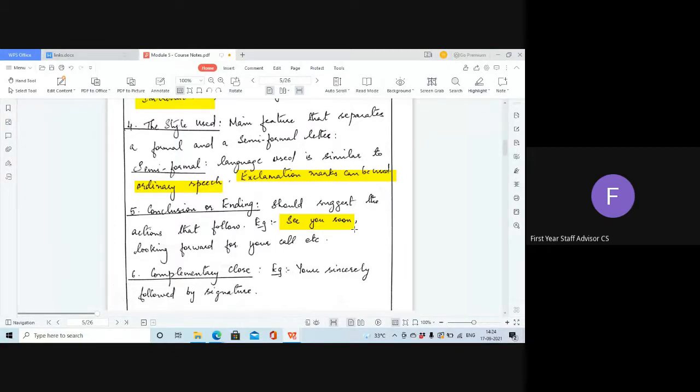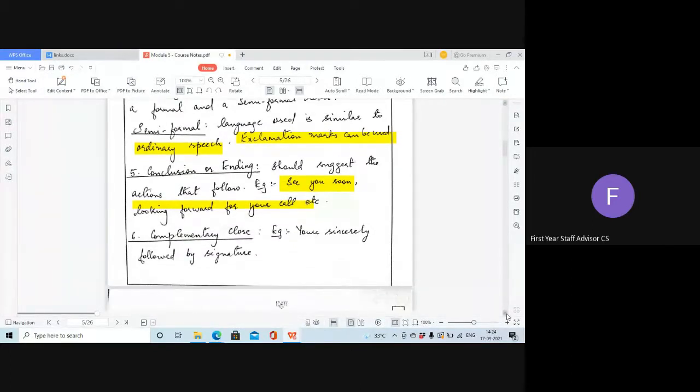If it is an informal or semi-formal letter, you can end with "See you soon" or "Looking forward to your call." Then, the complimentary closure. After your concluding paragraph, you will write yours faithfully or yours sincerely.